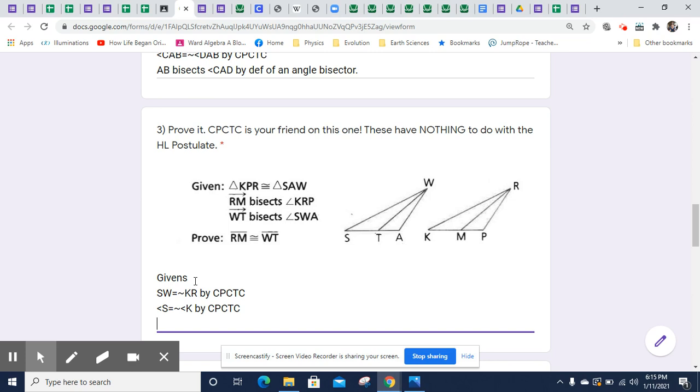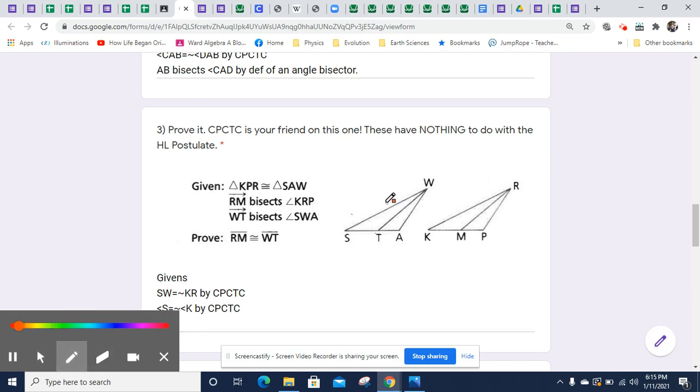Okay, and let's see. We can also say that we can prove that angle SWT and TWA are congruent by definition of angle bisector. But let's start labeling some things we know.